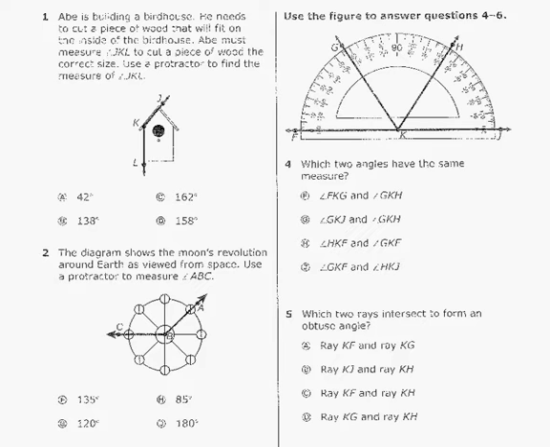Question number 5. Which two rays intersect to form an obtuse angle? Answer choice A, ray KF and ray KG. B, ray KJ and ray KH. C, ray KF and ray KH. And D, ray KG and ray KH.